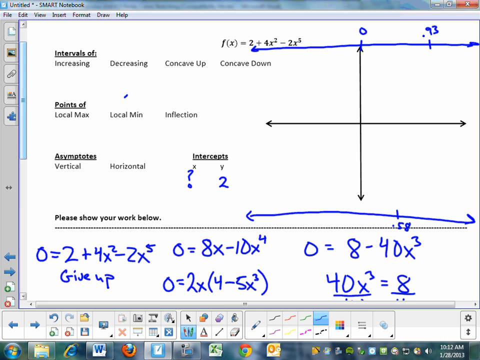Let's start at the top. Does the first derivative tell us concavity or increasing and decreasing? Right, and so I look at my first derivative, and I can plug in a number to the left of 0. What number would you like to plug in?